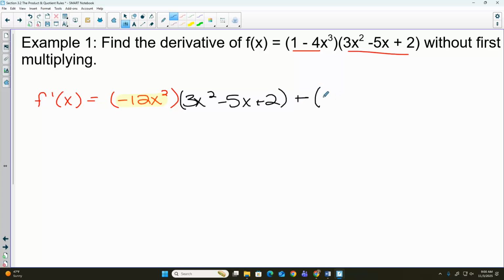Plus, now the first one stays the same, times the derivative of the second one. What is the derivative of the second parenthesis? 6x minus 5. So we did one derivative at a time.